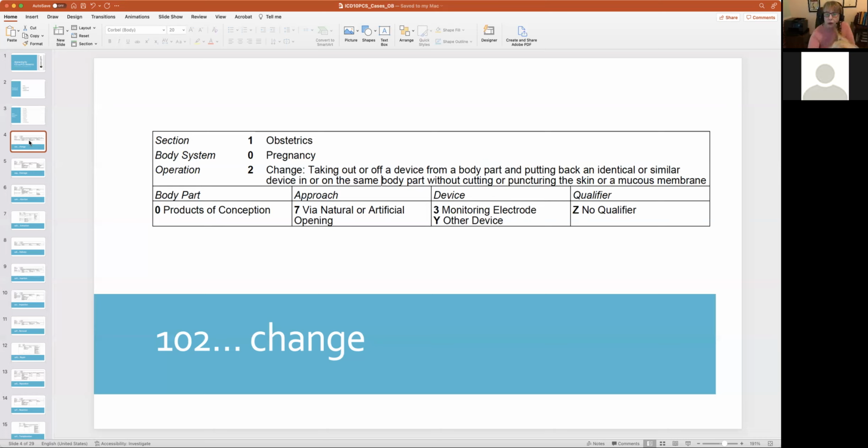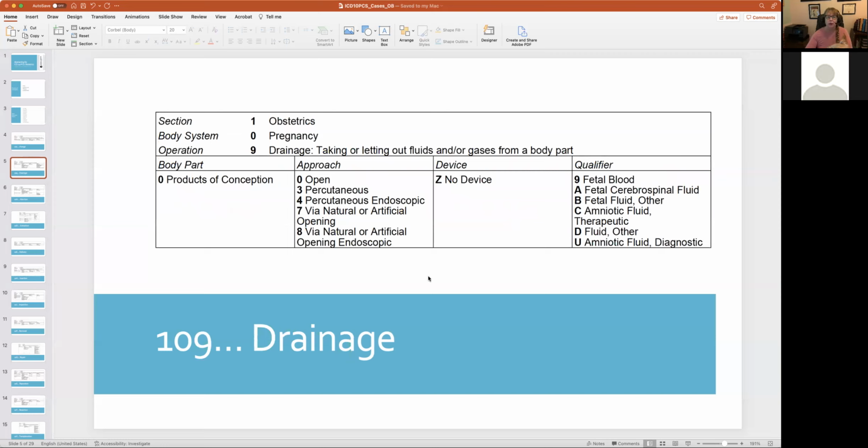So we have other device so that if something new gets approved in the meantime, you have a way to report it, and there will be no qualifier. Okay? All right. Any questions with regard to change as your root operation term in this obstetrics section? Okay, email me if you come up with any.